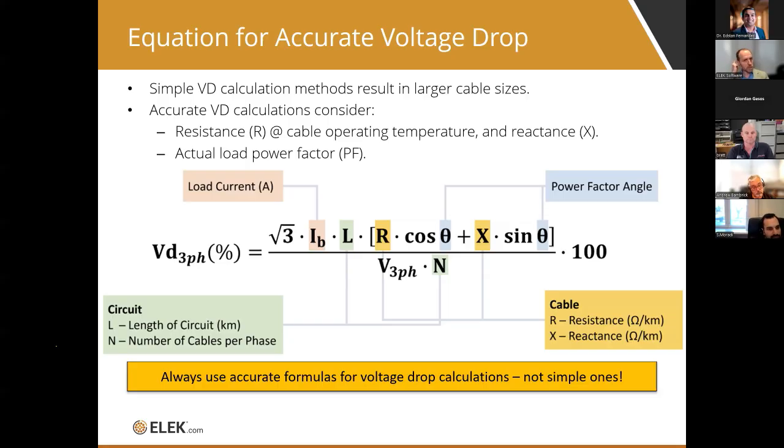And it also uses the actual load power factor, which I will show has a very significant effect on voltage drop. So the conclusion is always use this accurate formula, and in software always use the accurate equations.